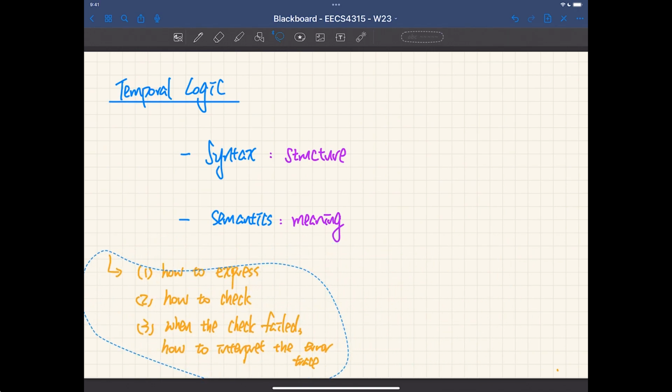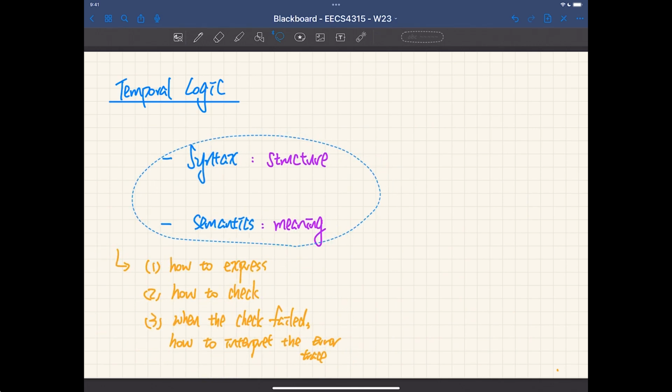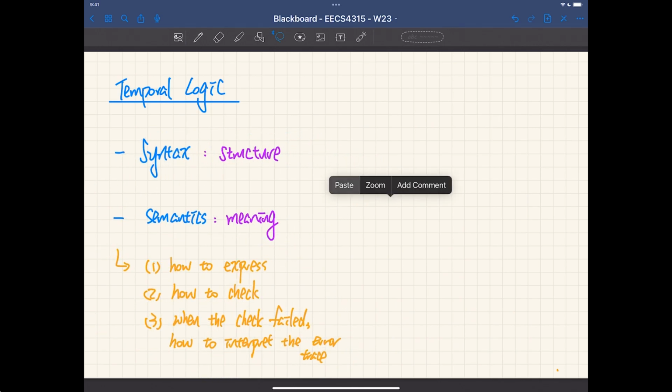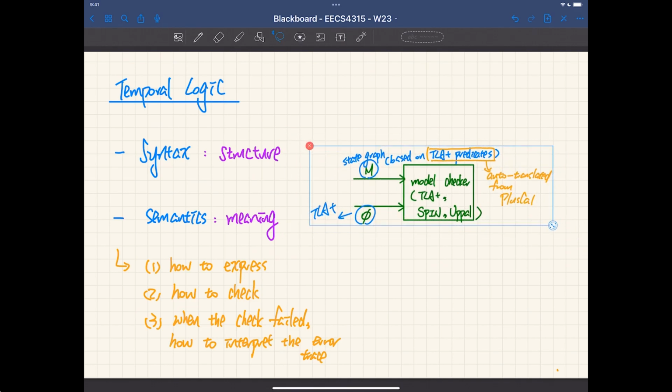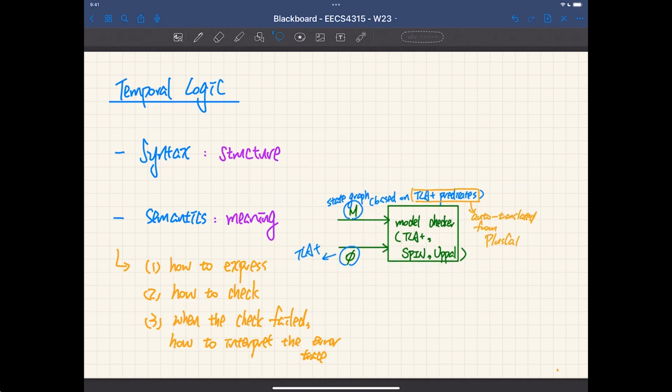There we go. Make it a bit smaller. Okay, so 3 outcomes. Oh, sorry, let me do one more thing. This one can be moved over here.